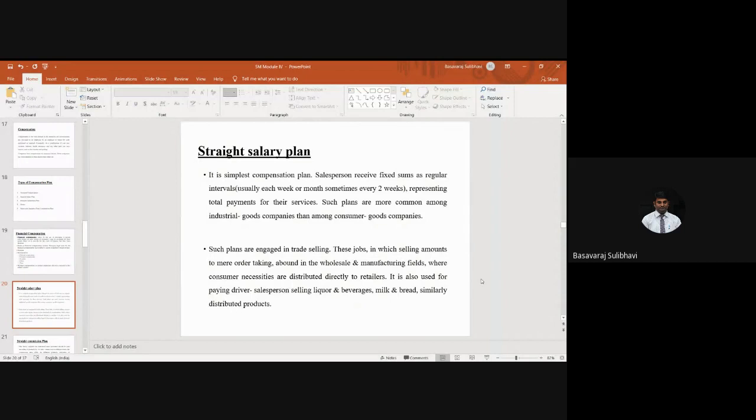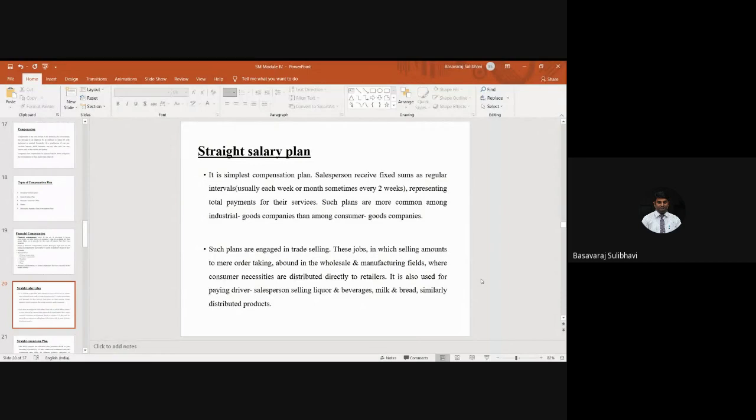The job of these salespeople will be taking orders and looking after the supply chain, whether the orders taken from wholesalers and retailers have been received by them from the organization or not. This is the minimum these people have to do in supporting the channel partners in making good sales for the organization.